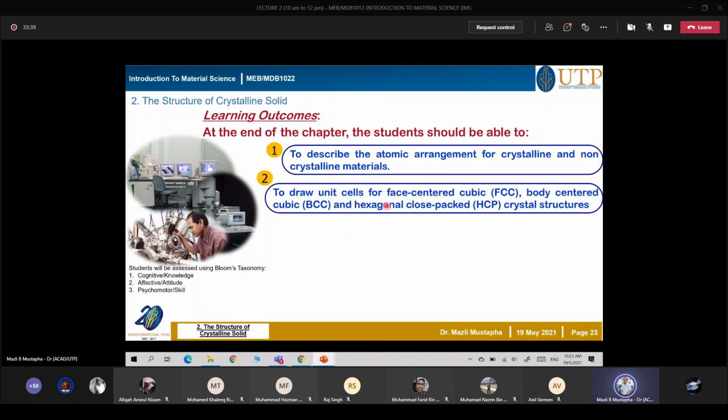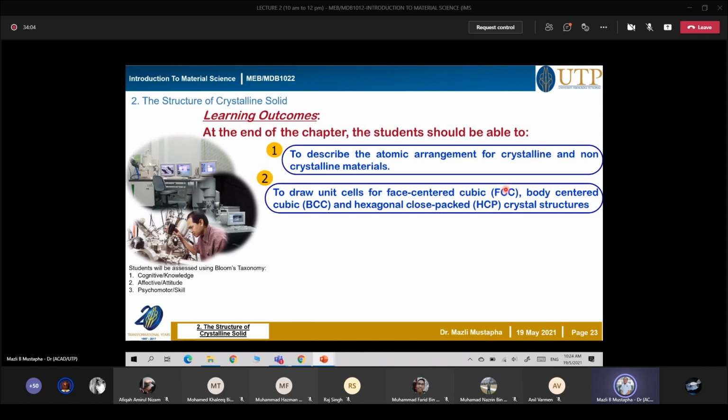Then draw the unit cells, whether face-centered cubic, body-centered cubic, or simple cubic, SC. We are not going to cover the hexagonal close-packed.